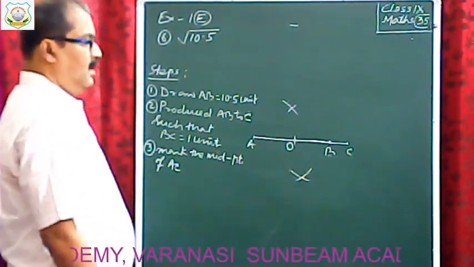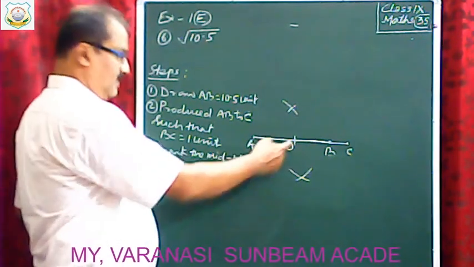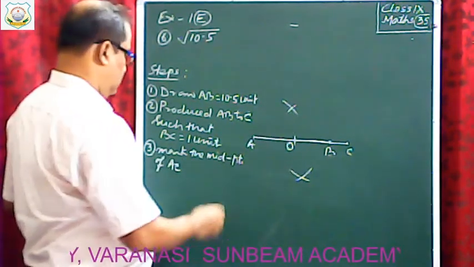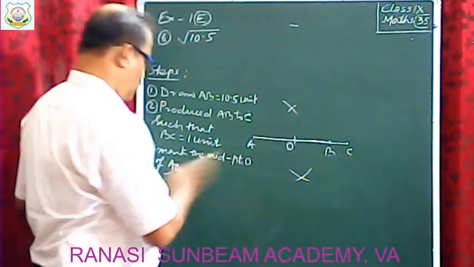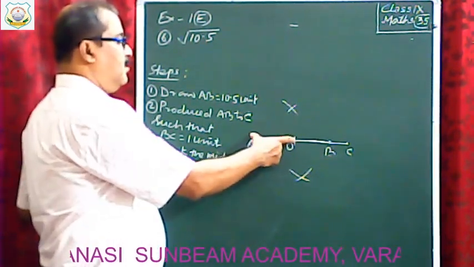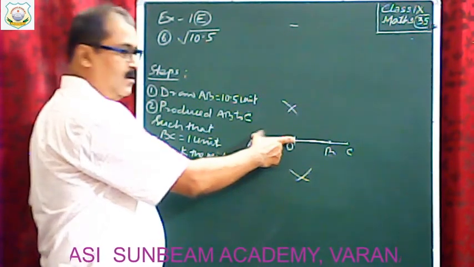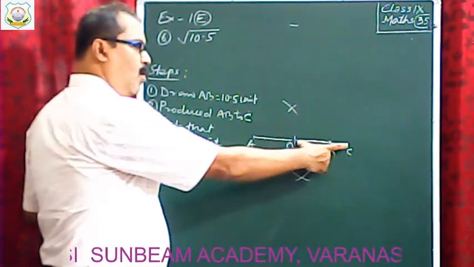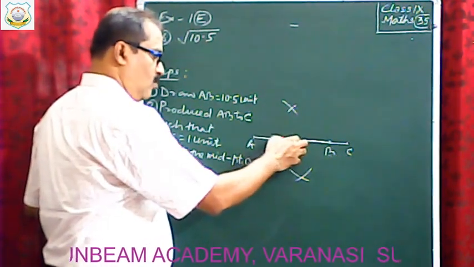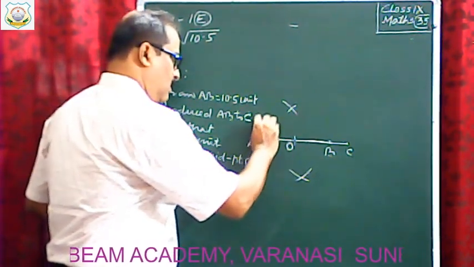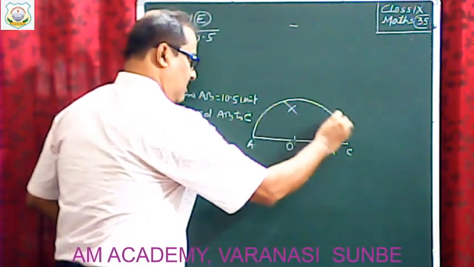Thereafter, with O as center, the midpoint of AC, and OA as radius, since OA and OC are both the same, you have to draw a semicircle. O center, OA radius, draw a semicircle.